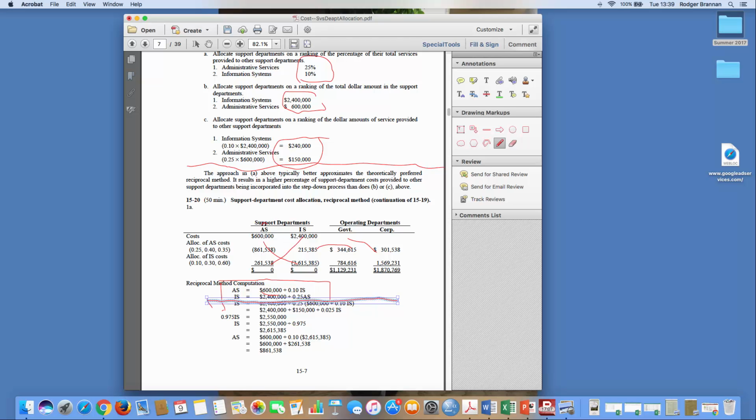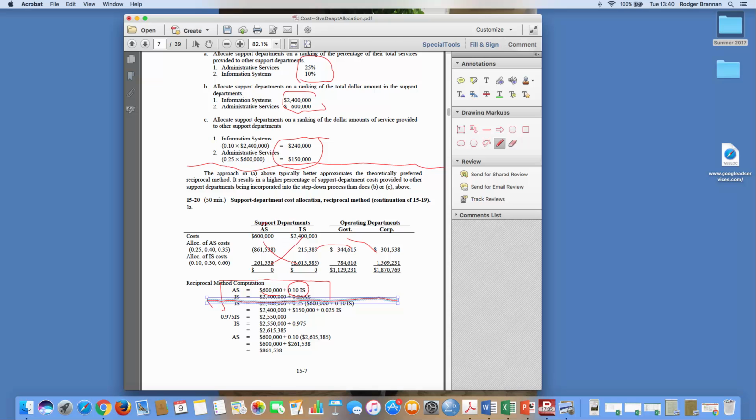Okay? But in addition to that, administrative services picks up 10% of information services. In other words, information services does 10% of its work for administrative services. So in a sense, administrative services should be paying for 10% of information services cost.